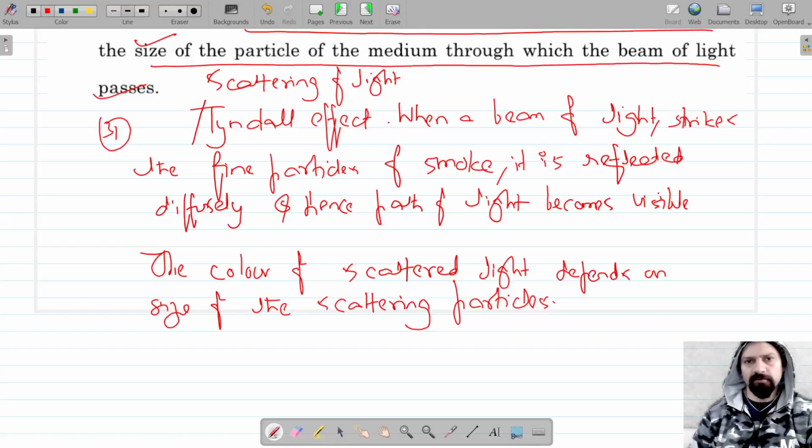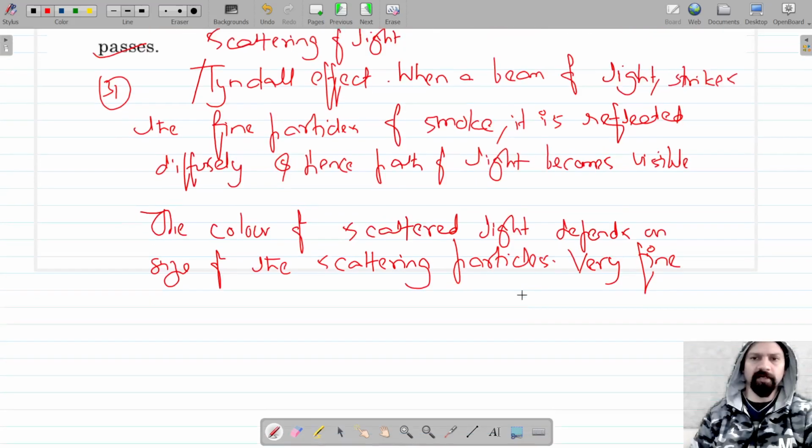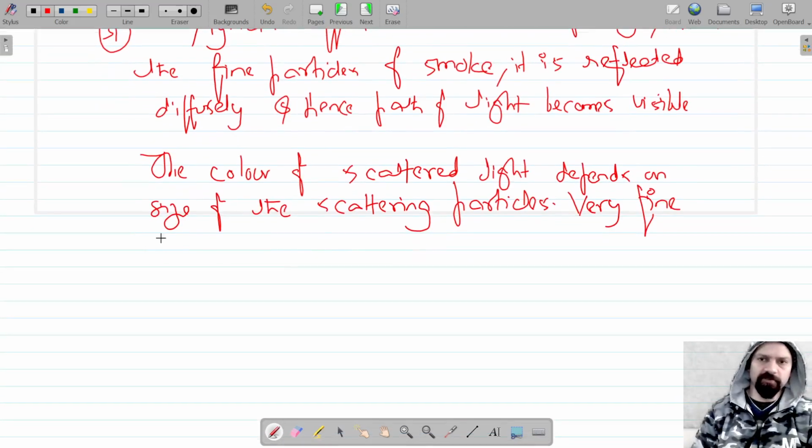Now, very fine particles mainly scatter blue light of shorter wavelength. I'm going to write which color is scattered by which size of particles.